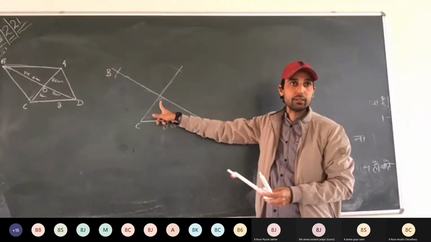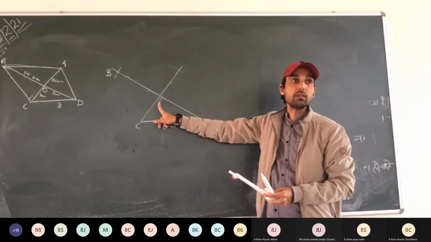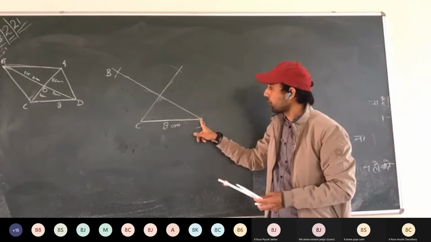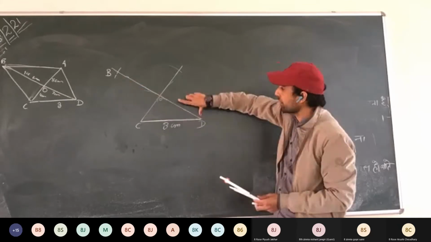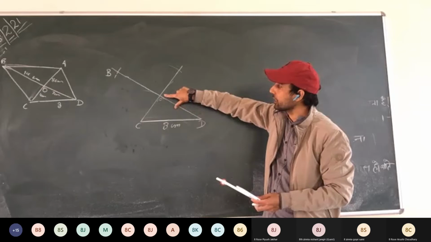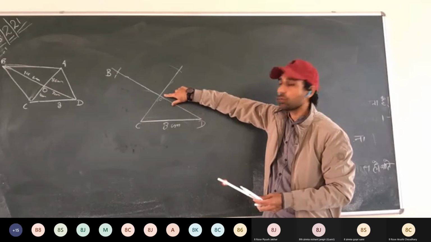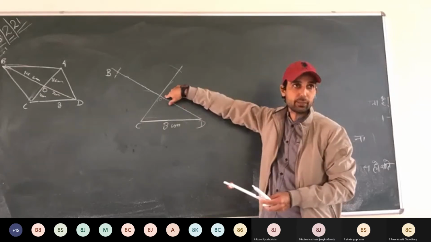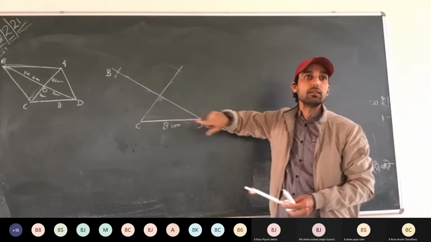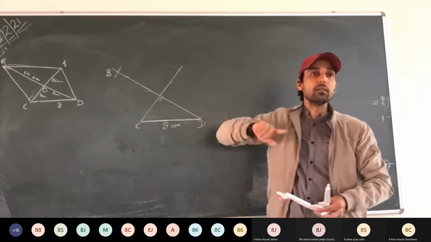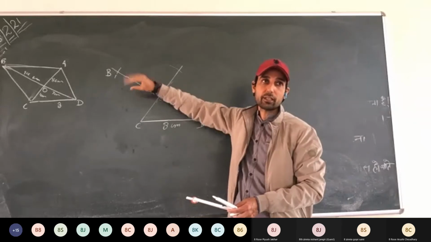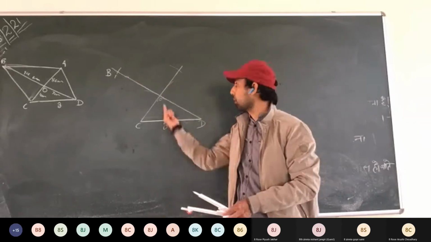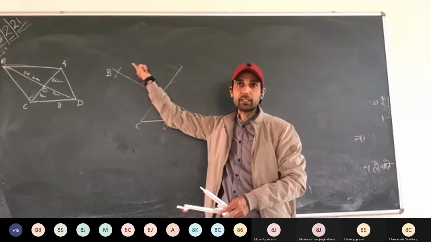O is the midpoint. From D, it is 14 centimeters. So at 7 centimeters on BD, both the diagonals meet. From O, we will cut a 7 centimeter arc.